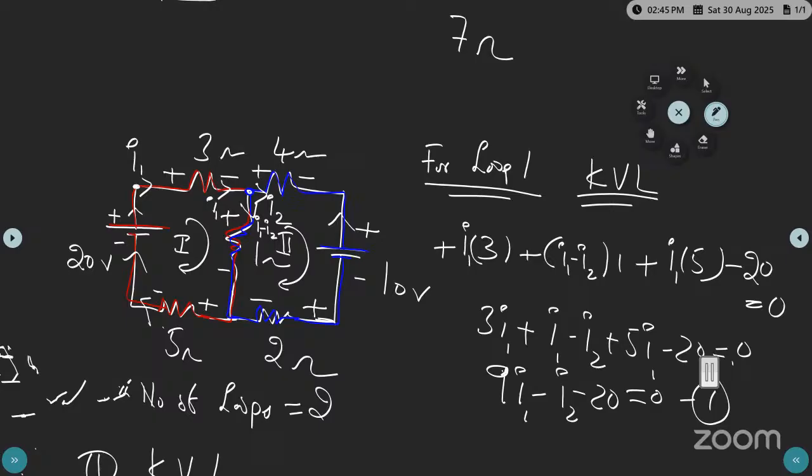Tell me. 7I2 minus I1 plus 10 is equal to 0. Who obtained this equation? Okay. You understood about KVL. You understood about mesh analysis.